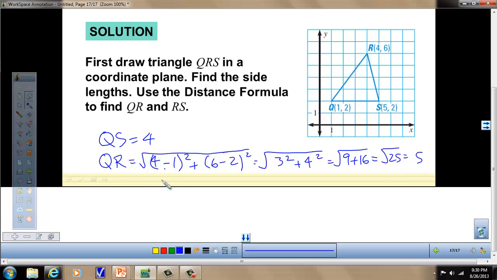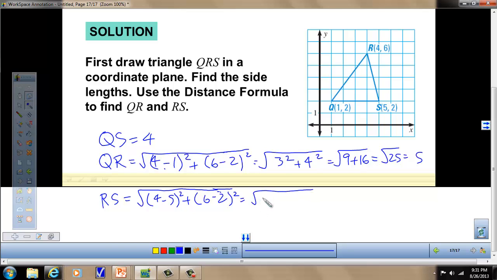Now we want to do the same thing for RS. For RS, we have the square root of, and I'm going to do 4 minus 5, so 4 minus 5 squared plus, then we'll do the y's. We have 6 and 2, so it's 6 minus 2 squared.